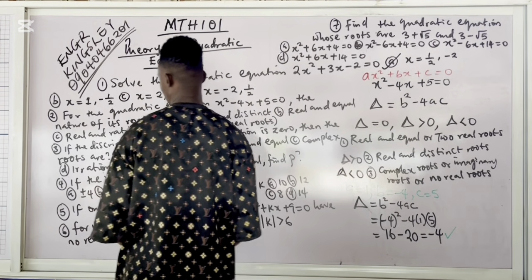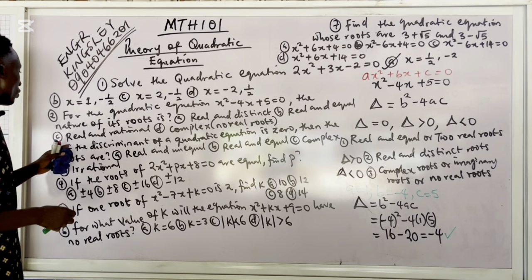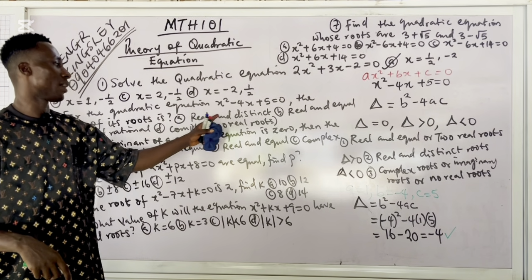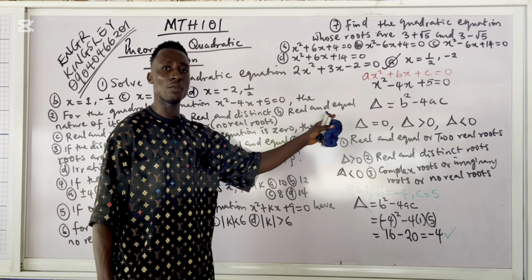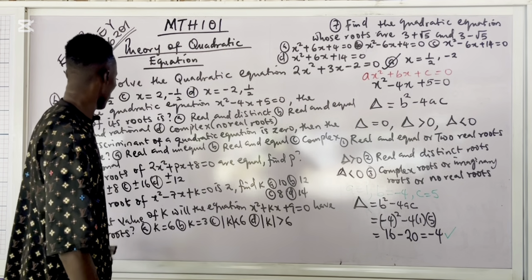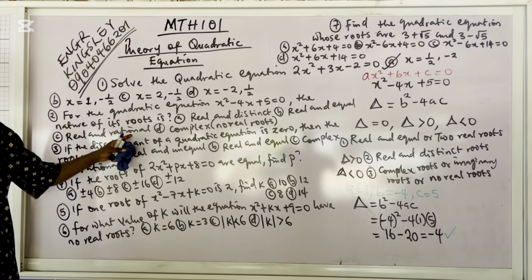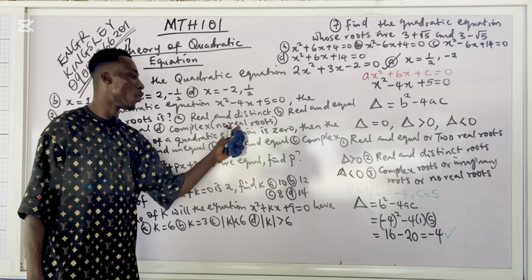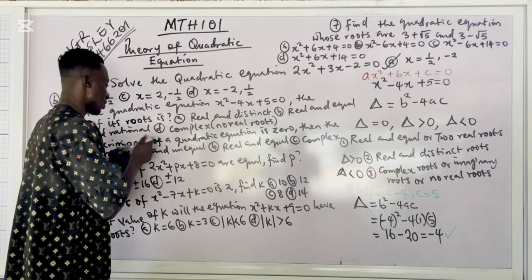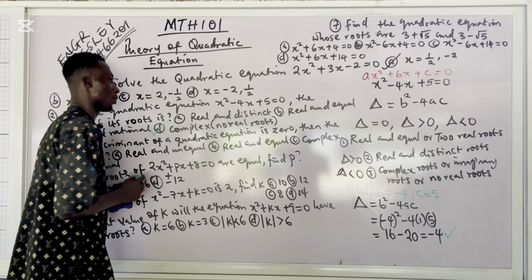We go to our options. Option A, real and distinct root. Is it correct? No. Real and equal root. Is it correct? No. Real and rational root. Is it correct? No. Complex or no real root. The correct option there is option number D.